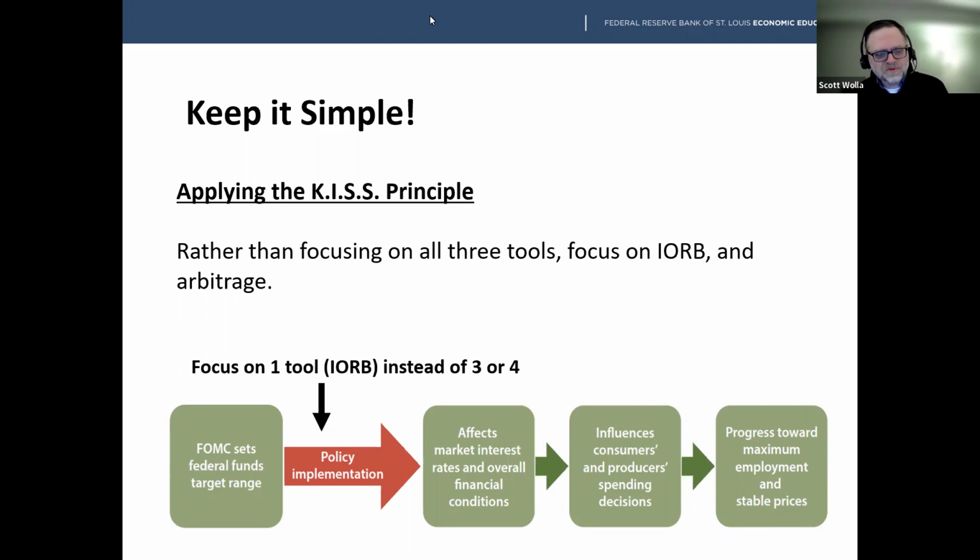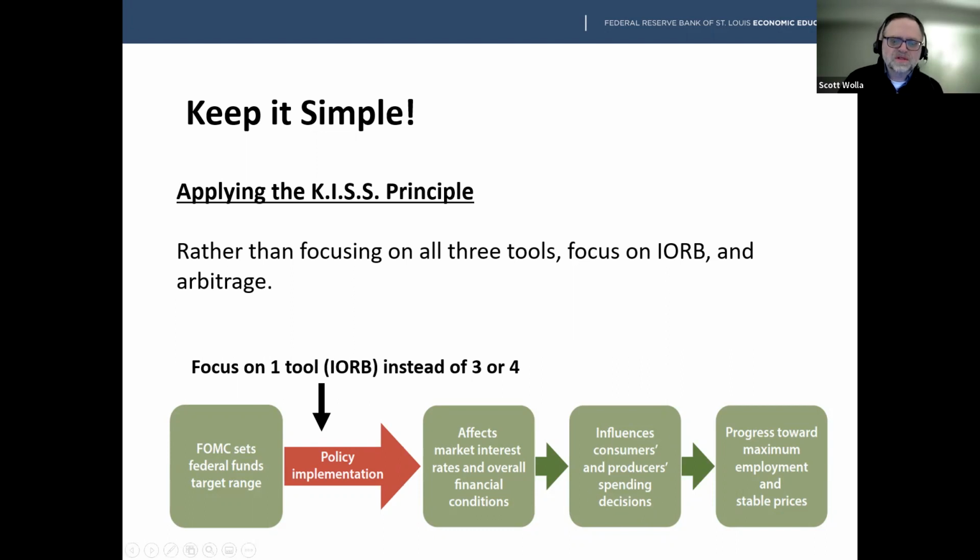That would cause other interest rates to rise. So we're in this box, cause other interest rates to rise. This would be the prime rate, credit card rates, car loan rates, mortgage rates, etc. Those higher rates would influence the decisions of consumers and producers. At higher interest rates, some consumers might decide to postpone buying a new car or a different house, or businesses might postpone investment on expanding their operations.